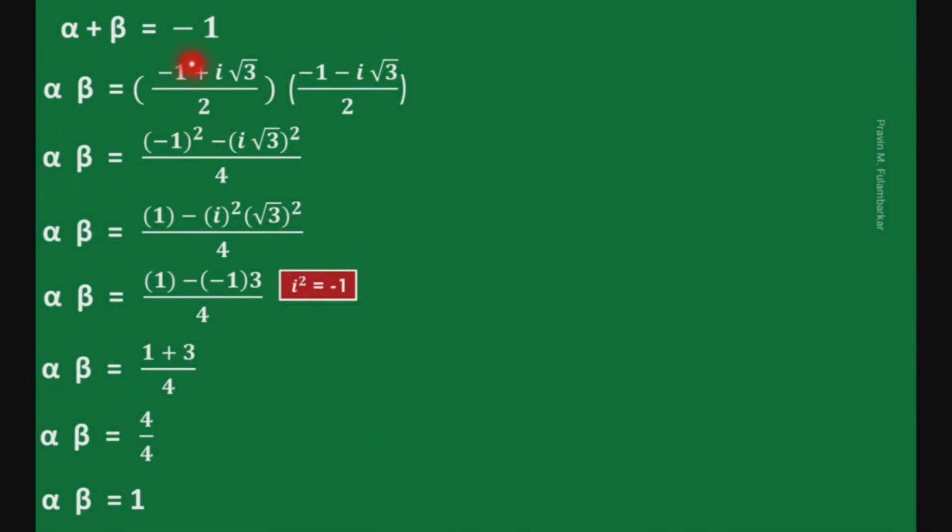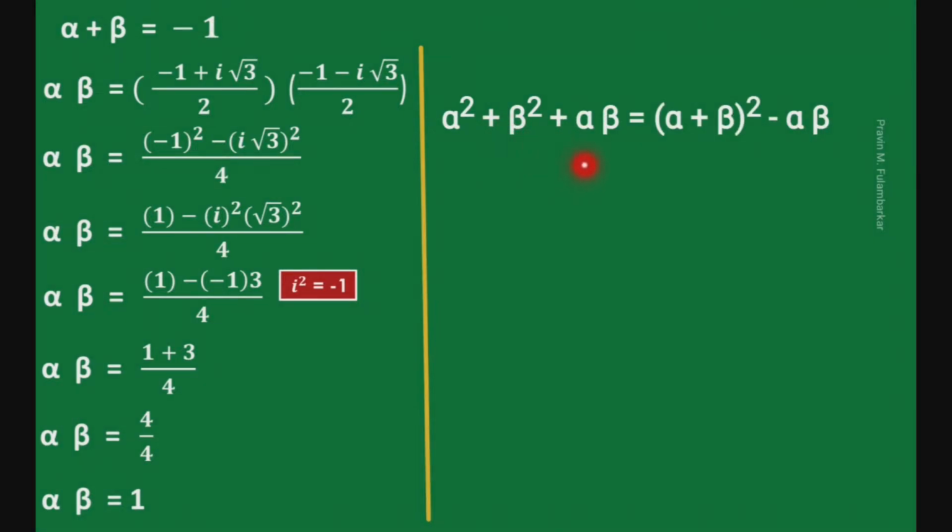Now we have found the value of alpha plus beta equals to minus 1 and alpha into beta equals to 1. So we use one concept: alpha square plus beta square plus alpha beta equals to alpha plus beta whole square minus alpha into beta. We know that alpha plus beta whole square equals to alpha square plus beta square plus twice alpha beta. So we transfer one alpha beta to the right hand side, so we get minus alpha beta. Now we have the value of alpha plus beta, which is minus 1, and the value of alpha into beta, which is 1.